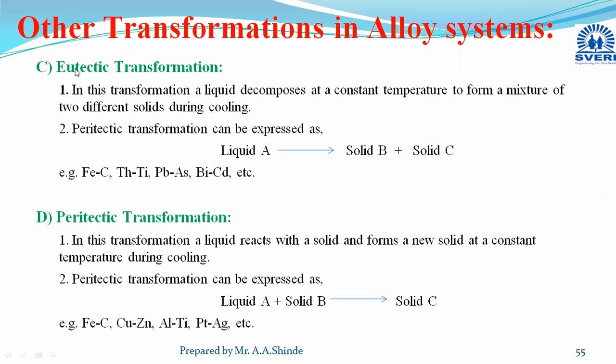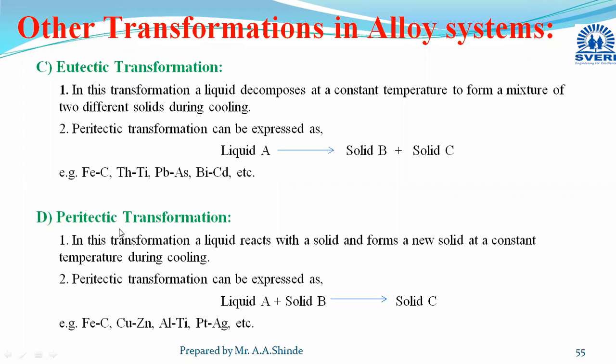It is termed as eutectic transformation, and examples are iron carbon, thorium titanium, lead arsenic, bismuth cadmium. From the eutectic system you can write the examples.